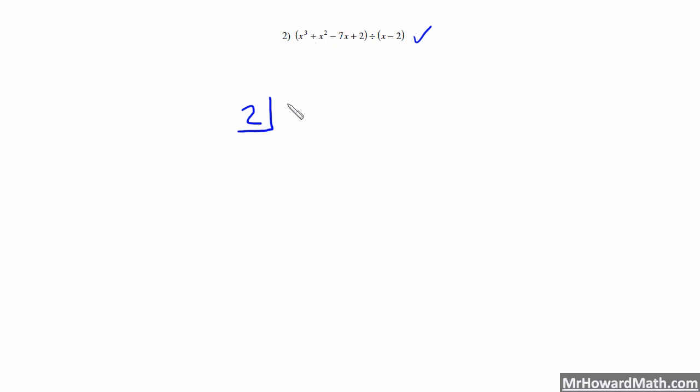So x cubed has a coefficient of 1, x squared has a coefficient of 1, negative 7x has a coefficient of minus 7, and then we have our positive 2, just like that. We leave some space, draw a horizontal line here, start by bringing down this first term, so we have a 1 here.